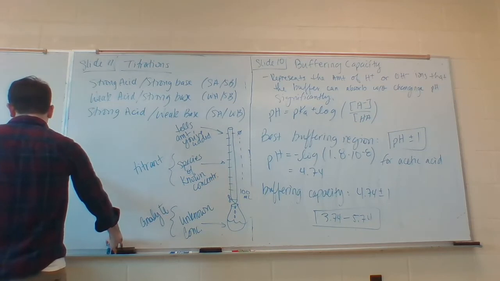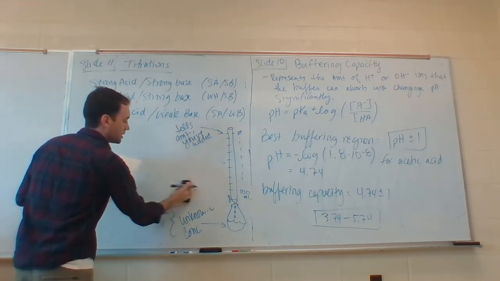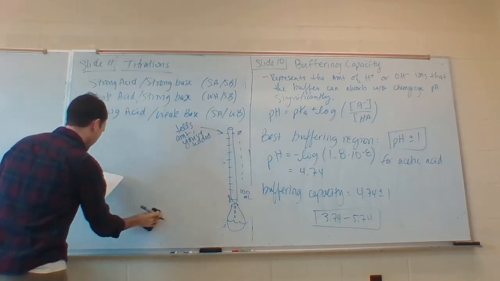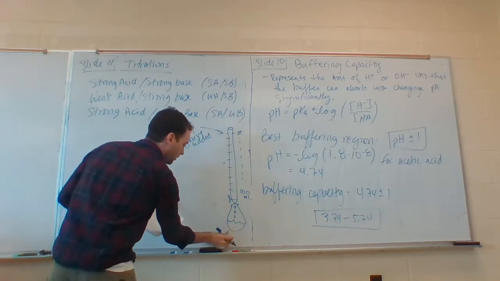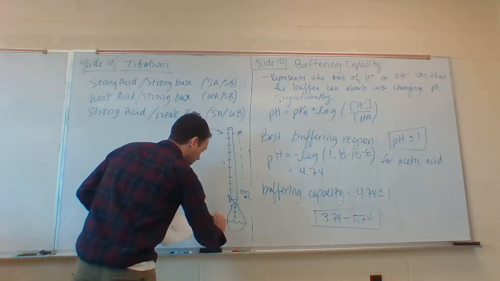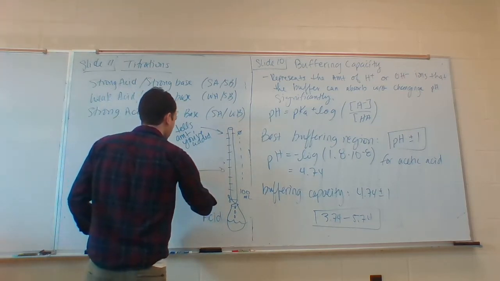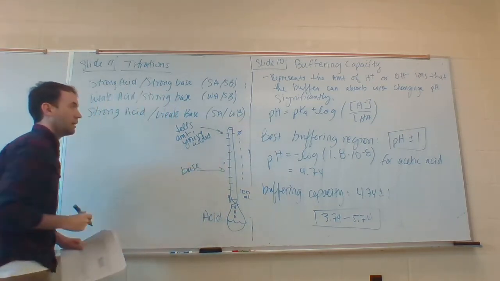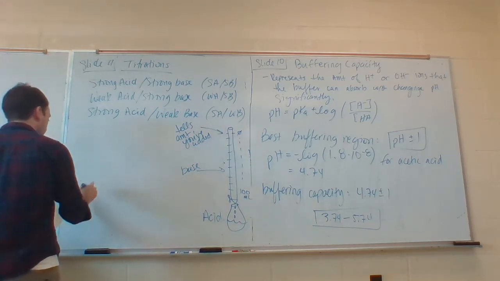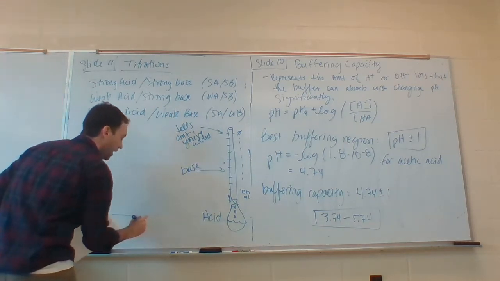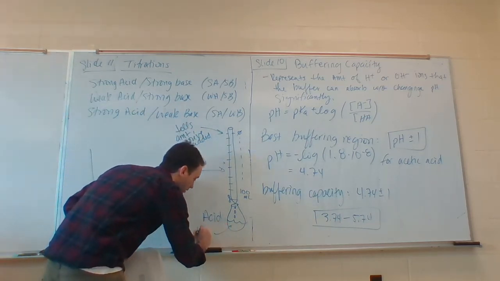Now, when you run the titration, let's say that we are running a titration with an acid down here, and we put our base as our titrant. Now, when we do this, we're going to be tracking our pH. So a lot of times we'll put something called an indicator.